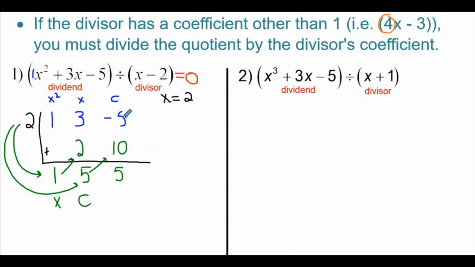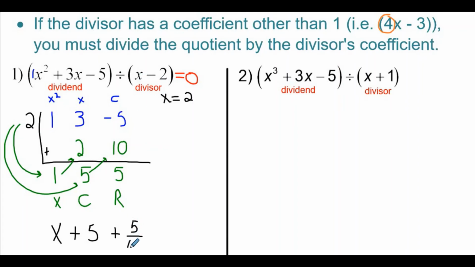And if this is the constant, this will be the remainder in the answer. So the answer comes out as 1x, this is the quotient, 1x plus 5, and then plus 5, and it's a remainder, so same rules. The remainder will be this number, and then divided by the divisor.